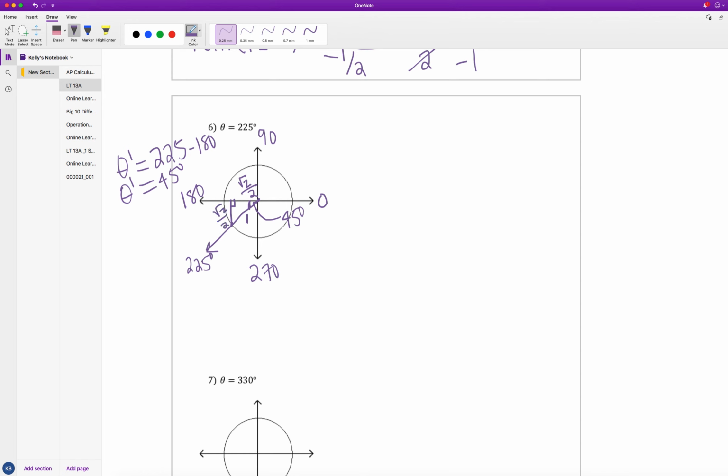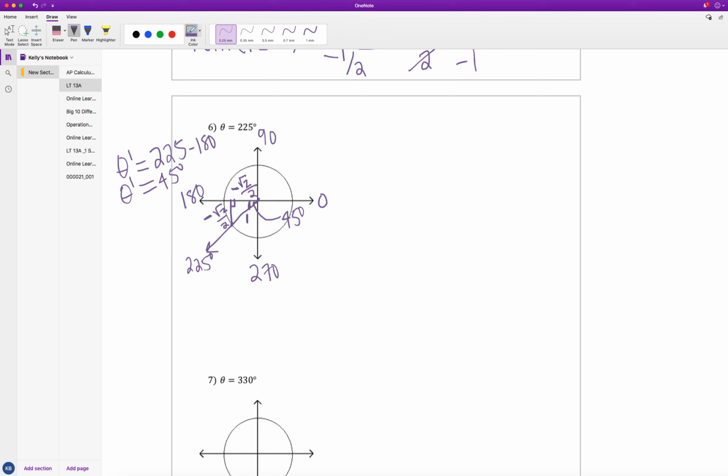So both of these sides are equivalent to root 2 over 2, but I have to think about how I moved. I went to the left, which means this is a negative root 2 over 2 value, and I also went down, which means this is also a negative root 2 over 2 value.